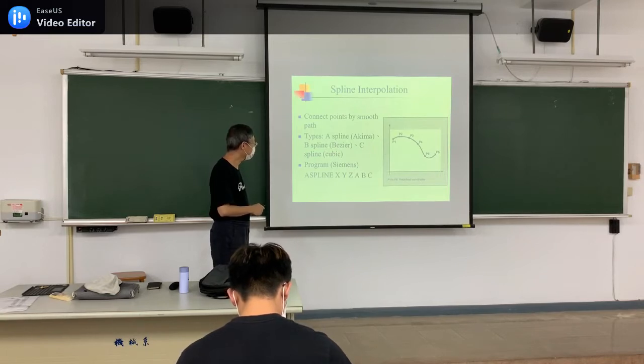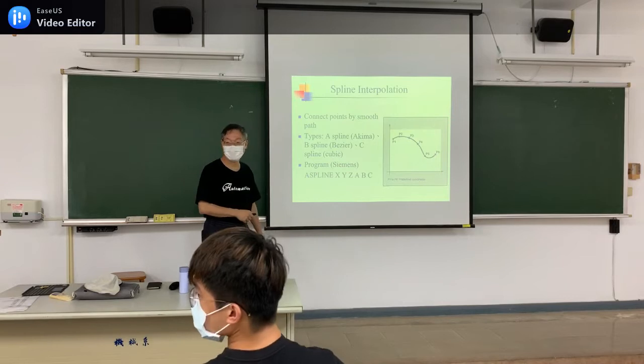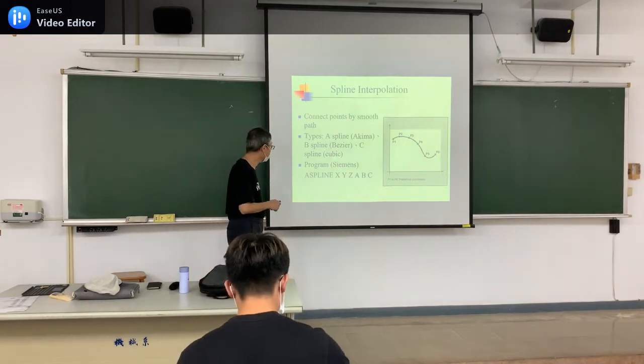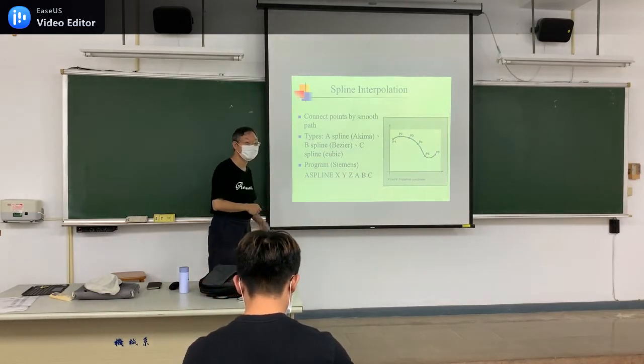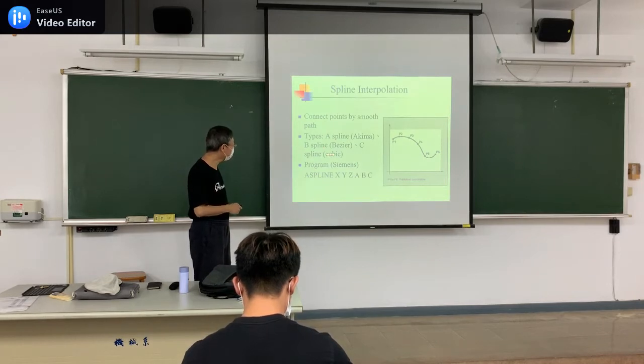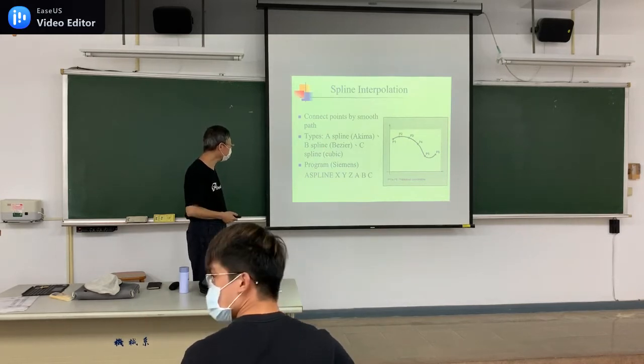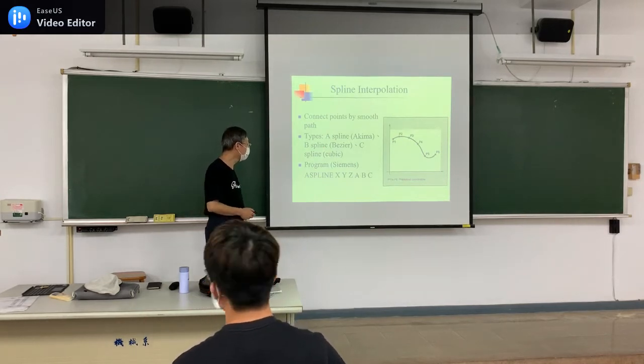Bezier is another mathematician who invented the Bezier curve. And this one is related to the generalized Bezier curve. And C-spline is not a name, it is Cubic spline. So A, B, C spline. Okay.